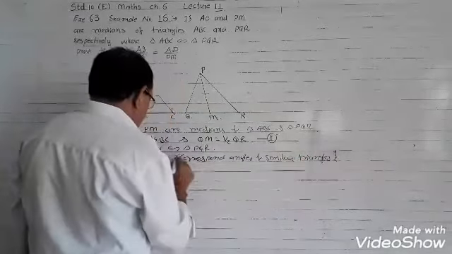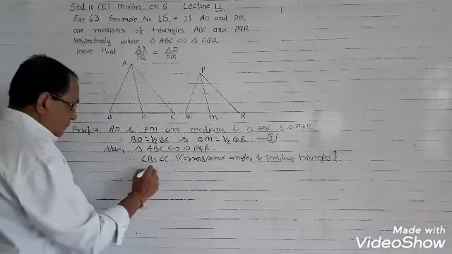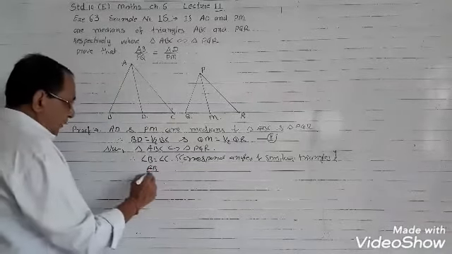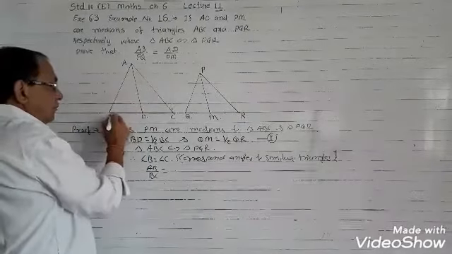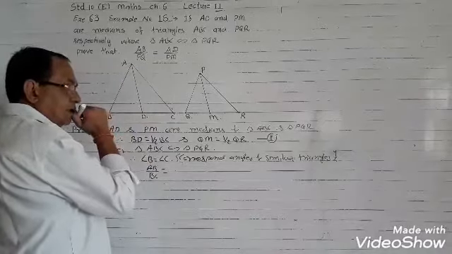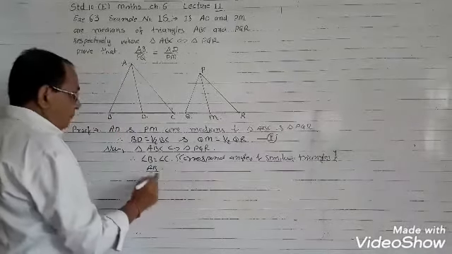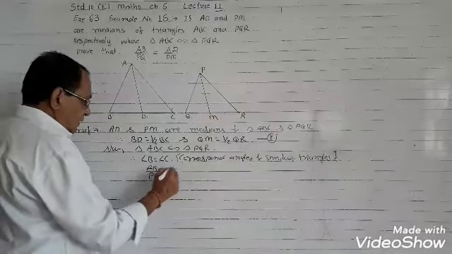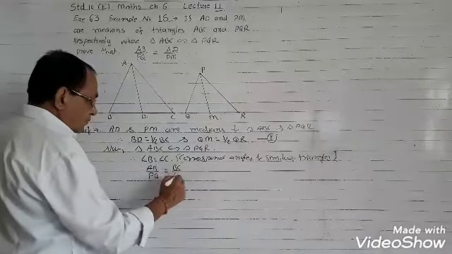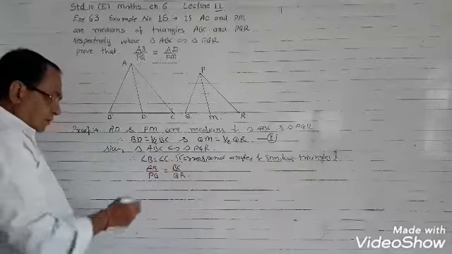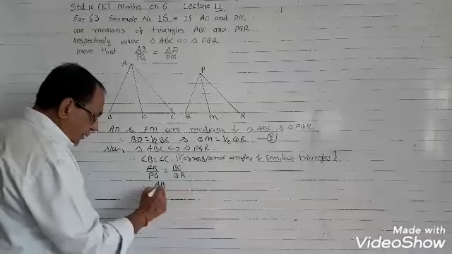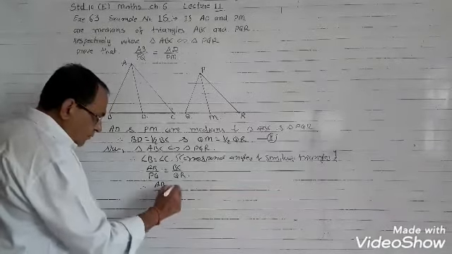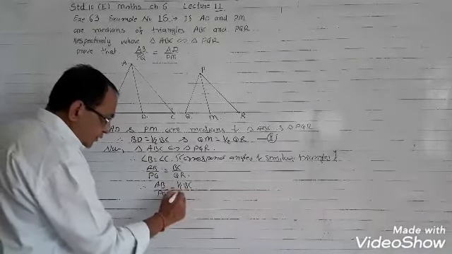Now, second thing, AB upon PQ is equal to BC upon QR. Dividing by 1 half, in the numerator and denominator, not both sides: 1 half BC upon 1 half QR.